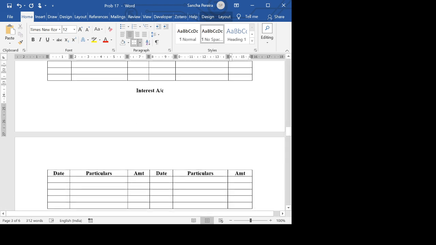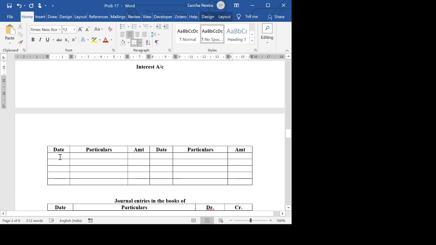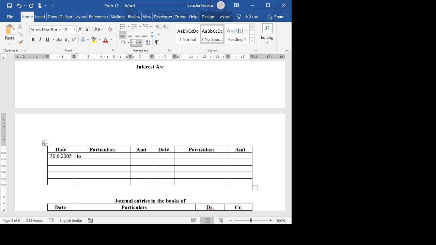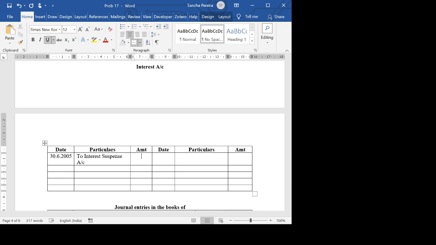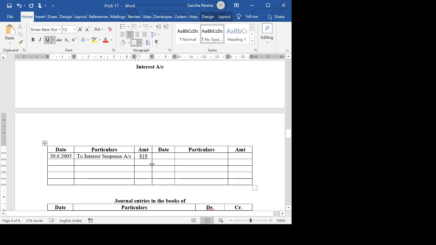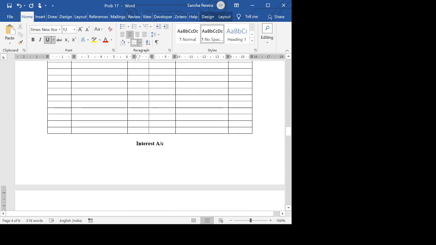And in the interest account, normally we would have had the hire vendor's name here, but here we show it as to interest suspense account 818.